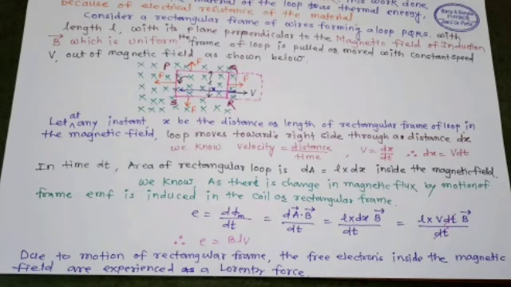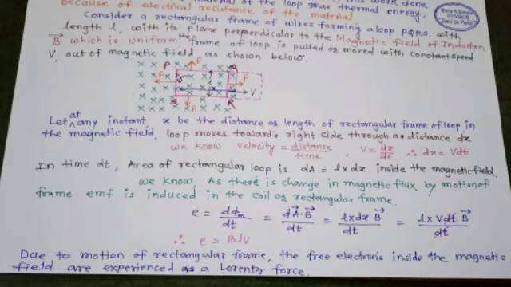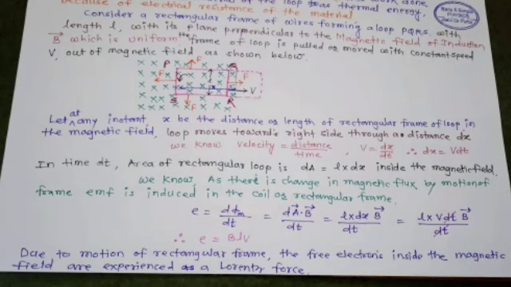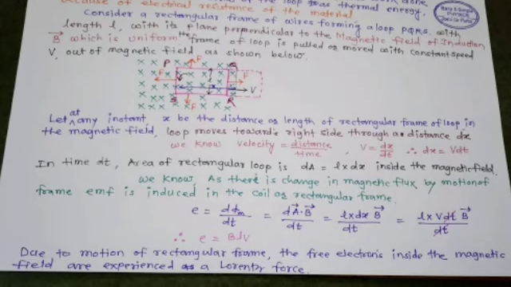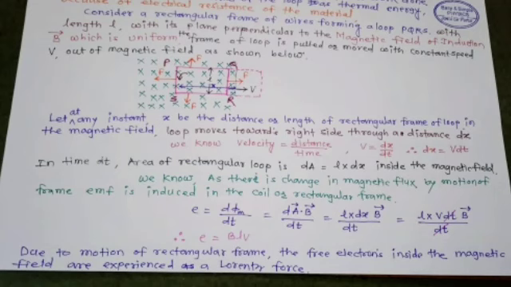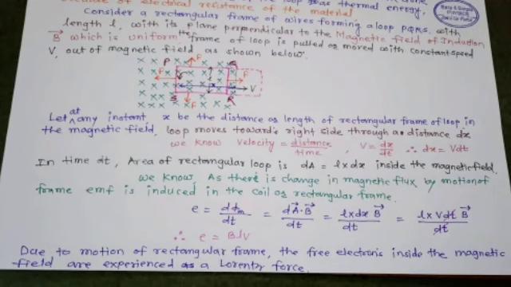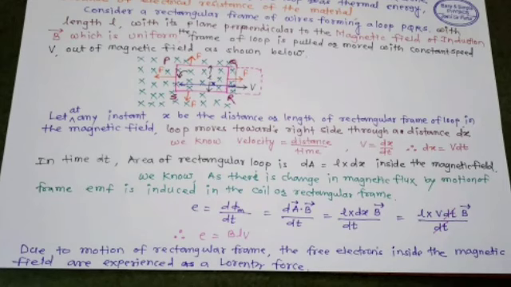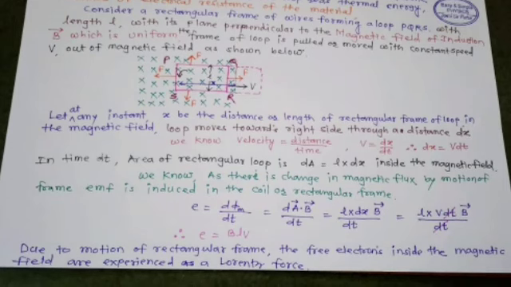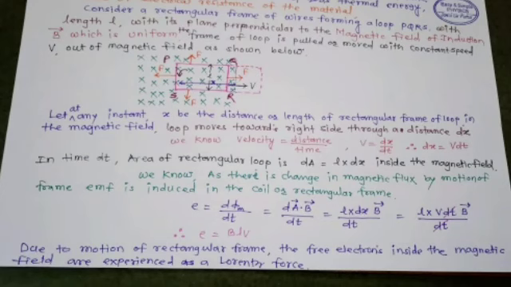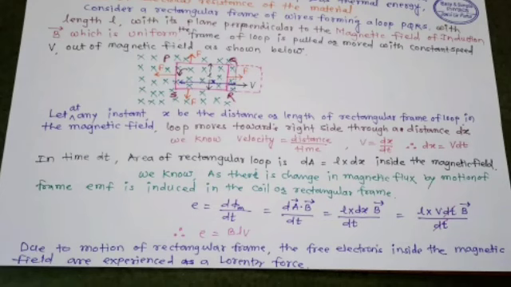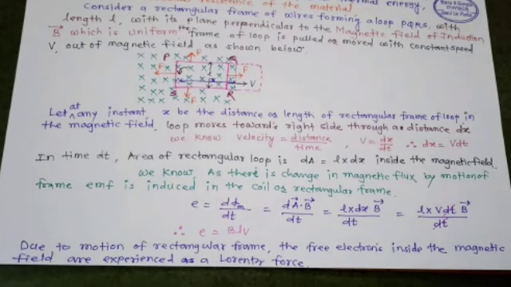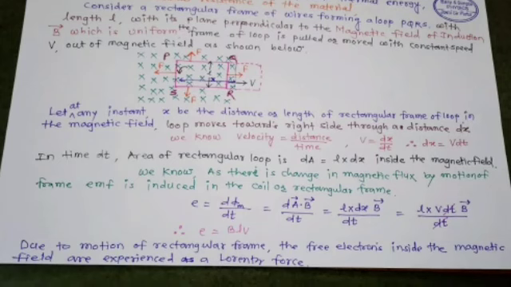We know as there is a change in magnetic flux by the motion of the frame, EMF is induced in the coil or rectangular frame. So E equal to d phi m upon dt, which is equal to d vector A dot vector B upon dt, equal to L multiplied by dx into vector B upon dt, which is equal to L v dt vector B upon dt.